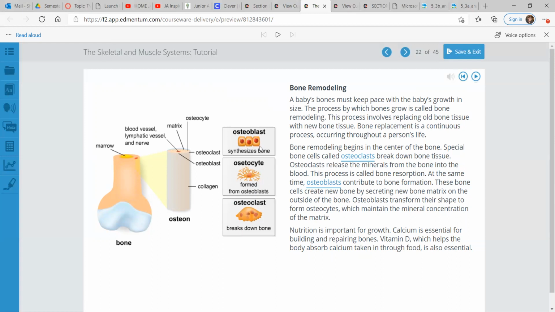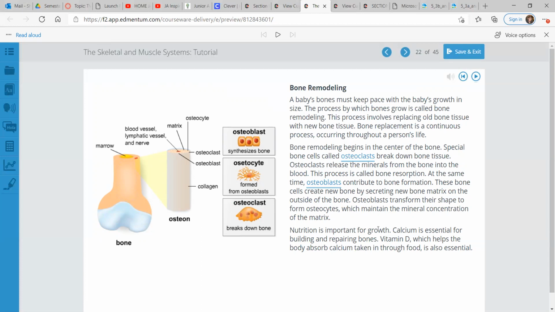So osteoblasts make new bone, and then osteocytes maintain the matrix as it is. Then we have the osteoclasts. Those break down bones. So keep these three separate in your head so you don't get too confused.